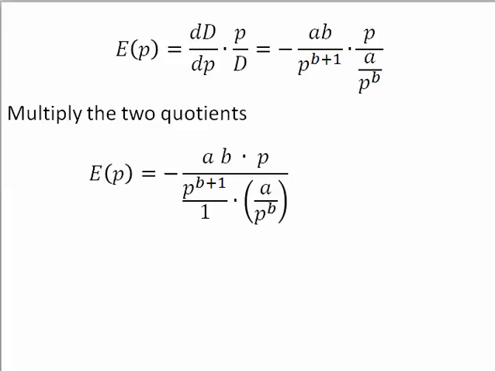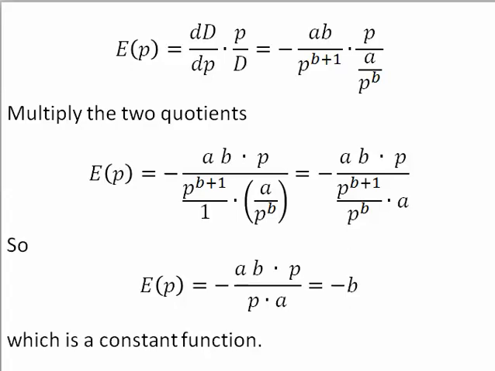So I have AB times the price, and then I have P to the B plus 1 times A over P to the B. And then in the denominator I have two quotients, and I do that multiplication as well.